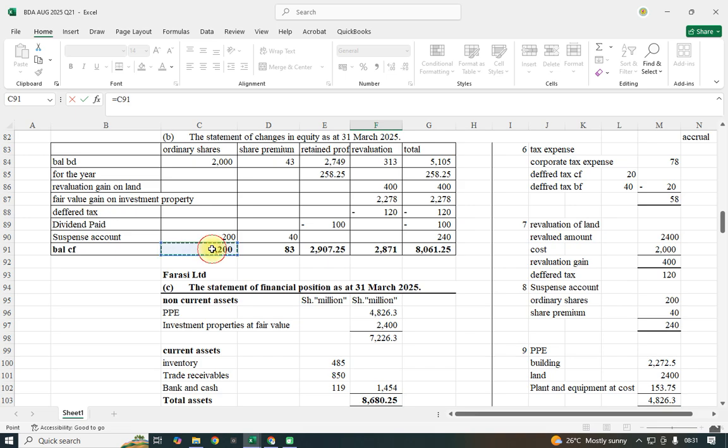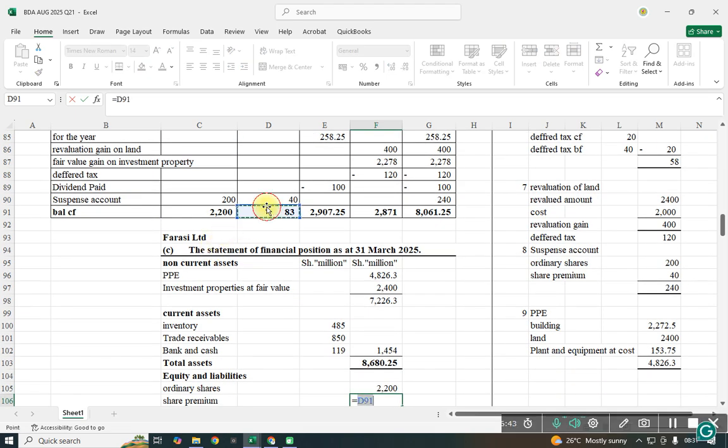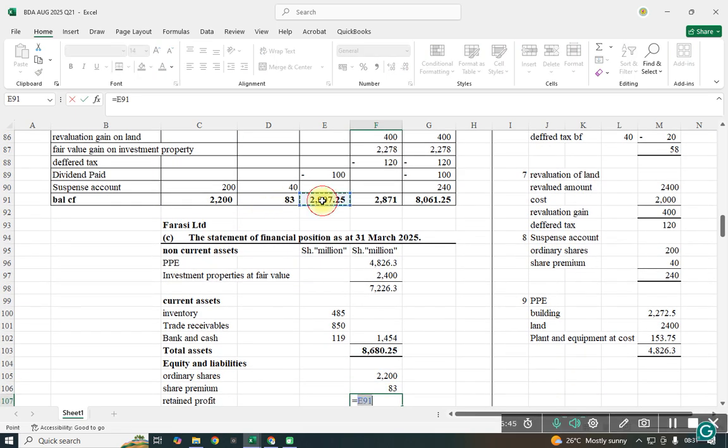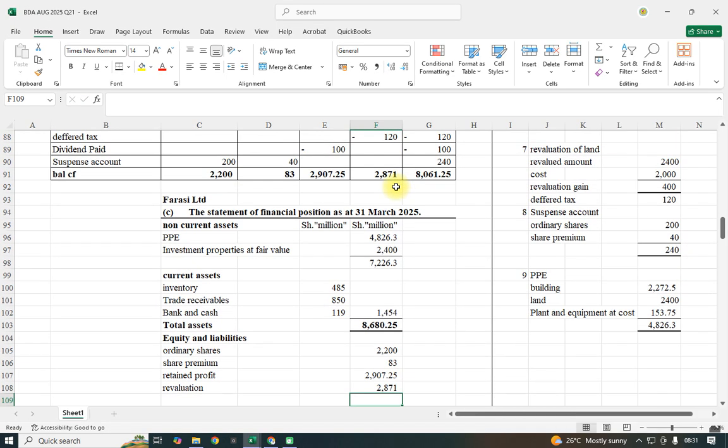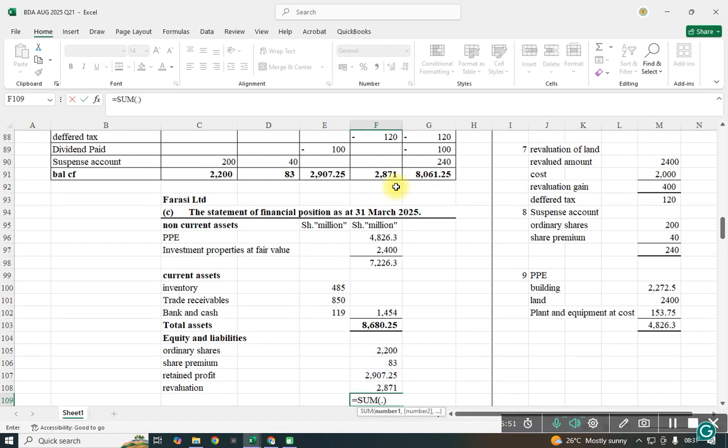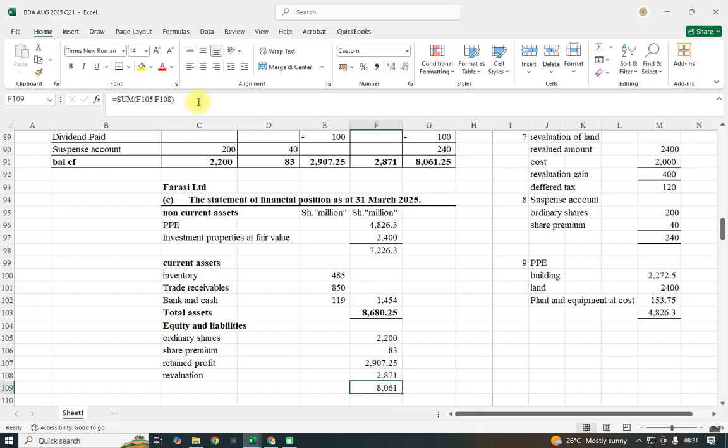For the ordinary shares, we pick the balances that were carried forward, and their total.